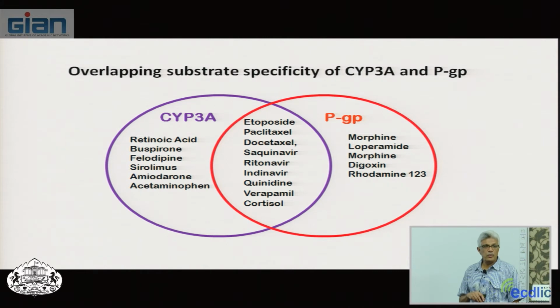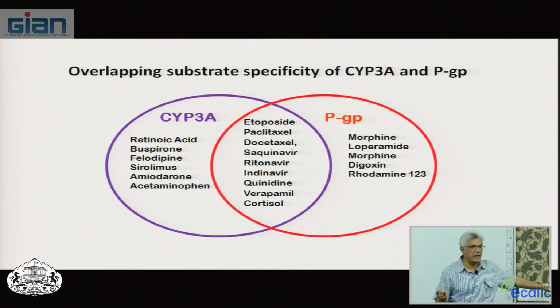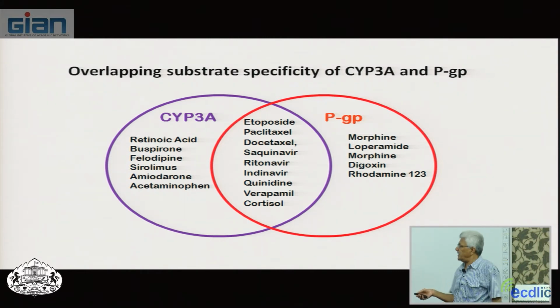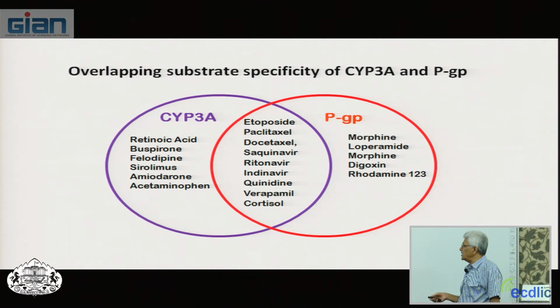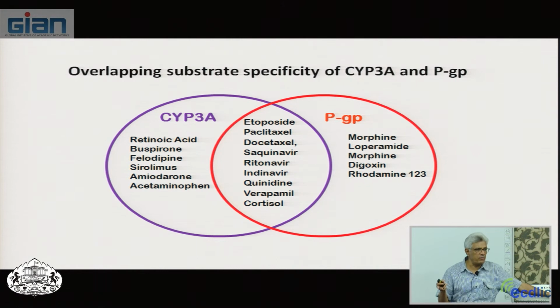features. People have tried to identify the binding sites for these substrates, especially on the CYP3A4 isoform, because it's very close to PGP.